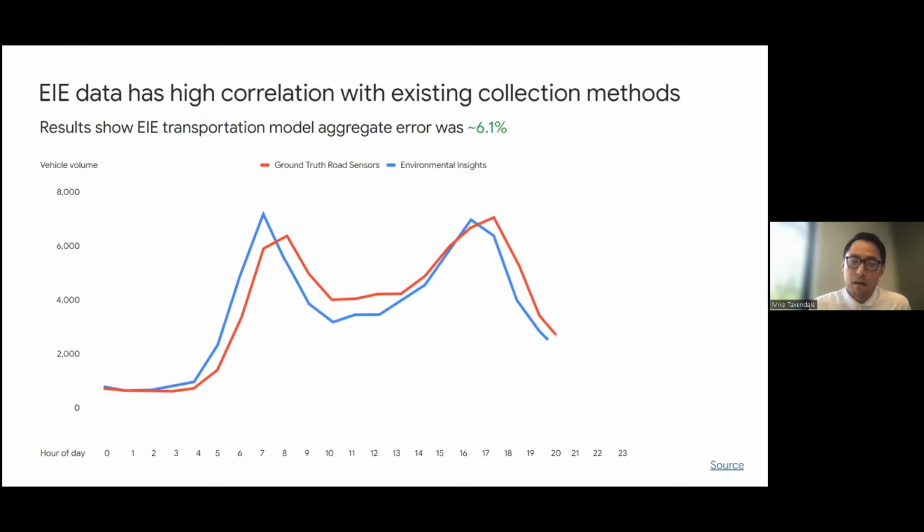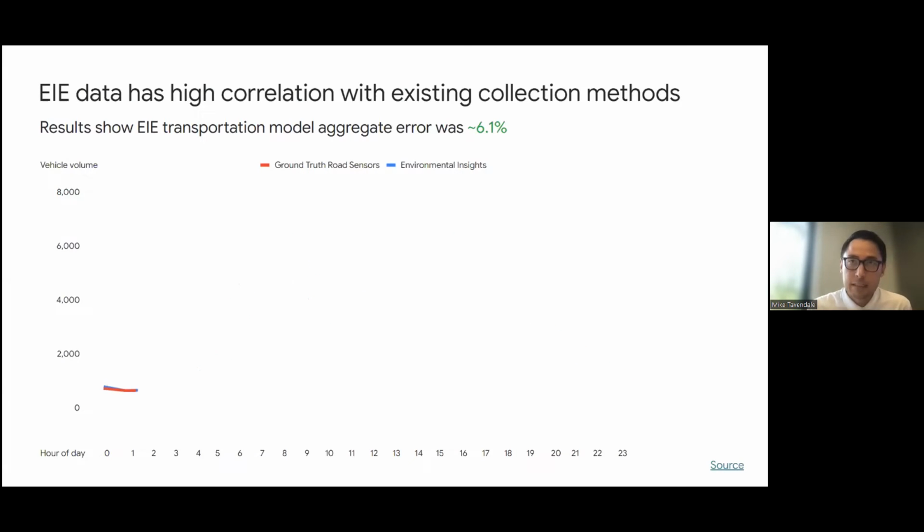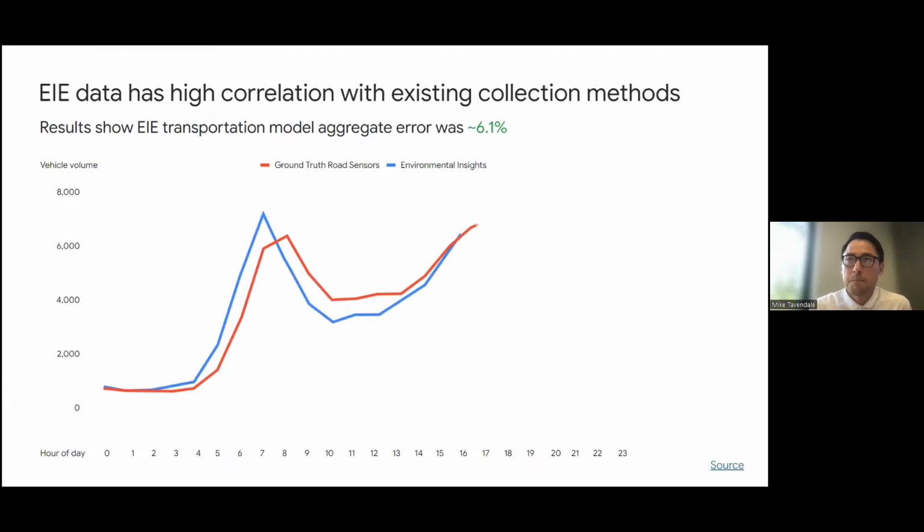With our data sets, we are actively working with cities and communities around the world to validate our data.